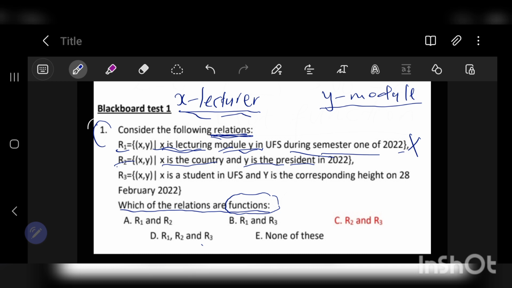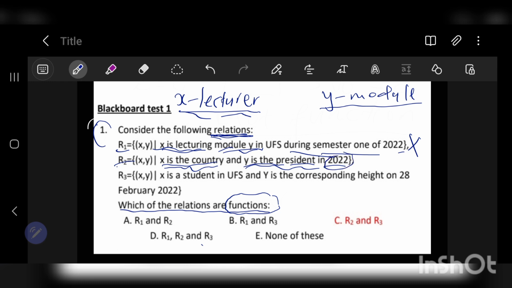Definitely, people, it is a function. Why am I saying so? Because one country can only have one president in that particular year. But also, it's not only about the year, people.